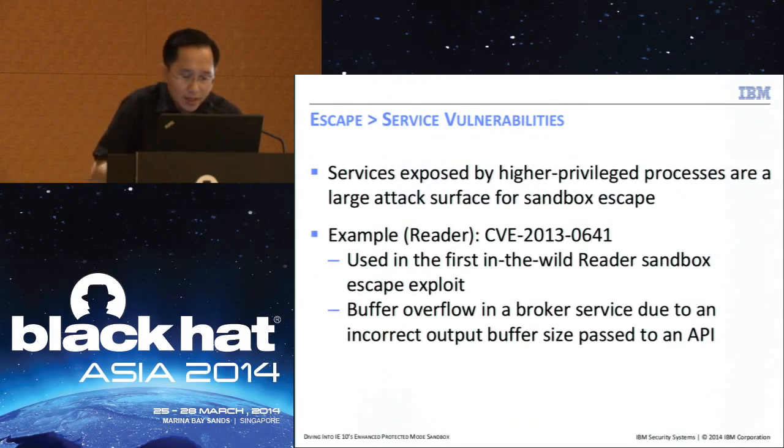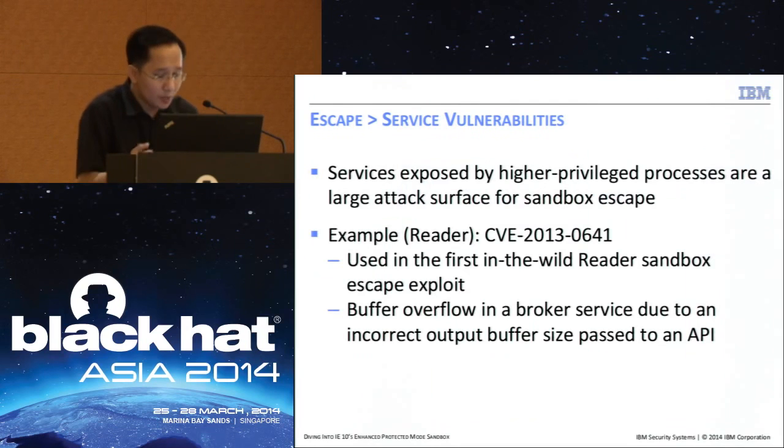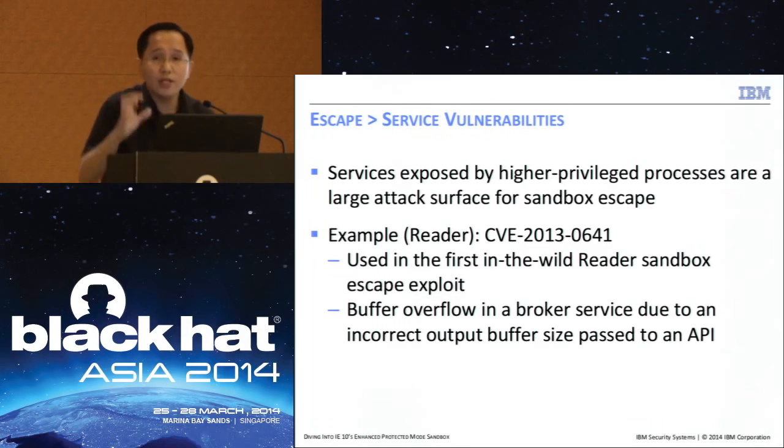And finally, the services exposed by higher privilege processes are a large attack surface for sandbox escape. Earlier, I had discussed the different services exposed by the IE broker process. Those services run in the privileged broker context, use untrusted data as input, and are reachable by the COM IPC or the shared memory IPC.